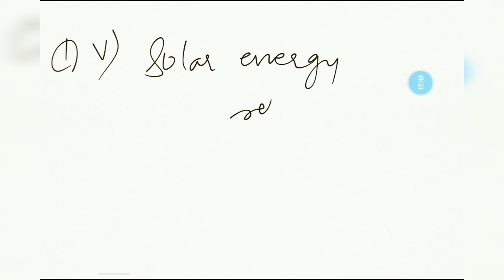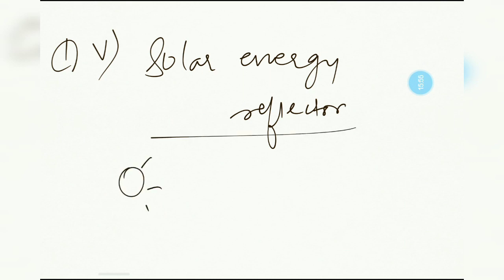And we come to the last part of the question. The mirror used in solar energy reflectors. What is the mirror used? You all know, just think of it commonly. This is the sun, you will get solar energy from the sun, and you will have the reflector here.